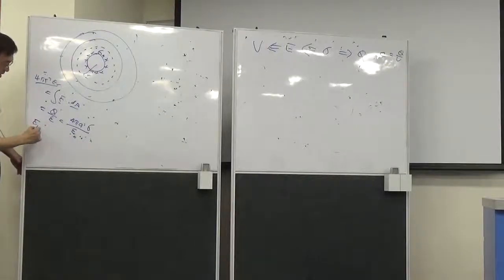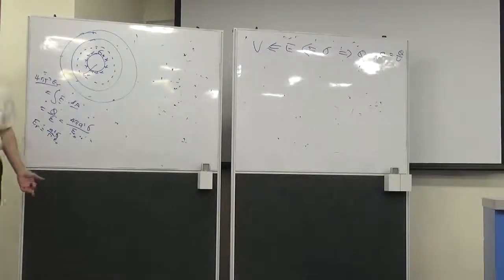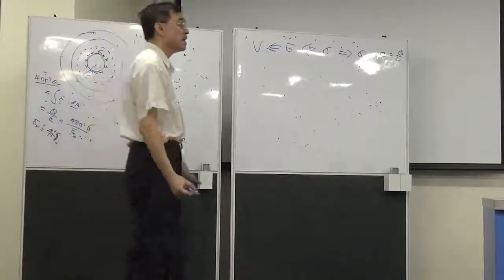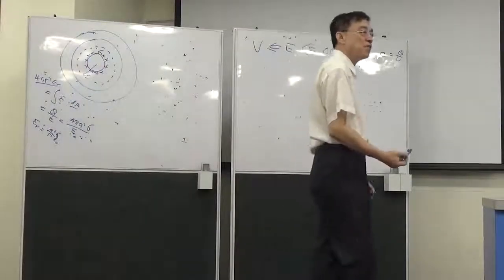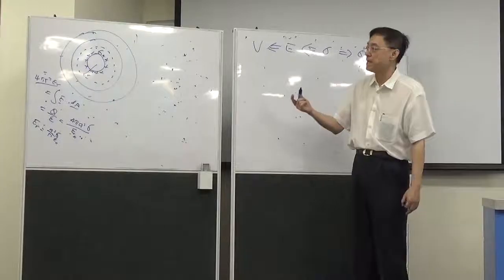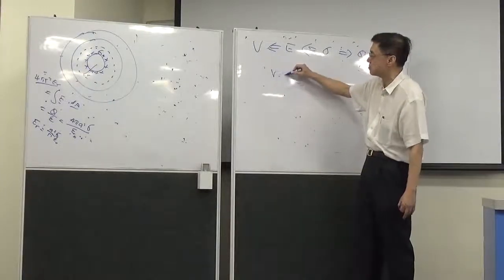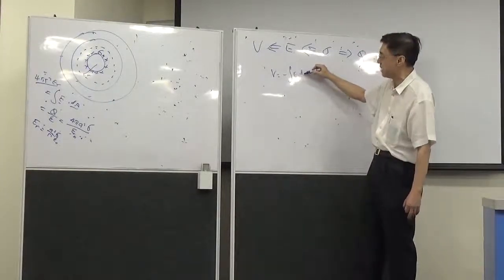So my ER is equal to A squared over R squared, sigma over epsilon naught. If that is my electric field, what is my electric potential? V is equal to minus integral of E dot dl.